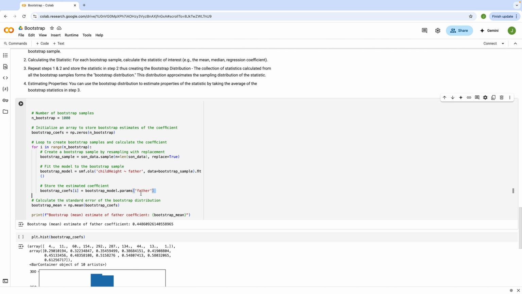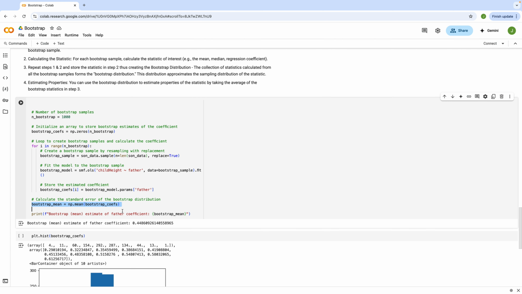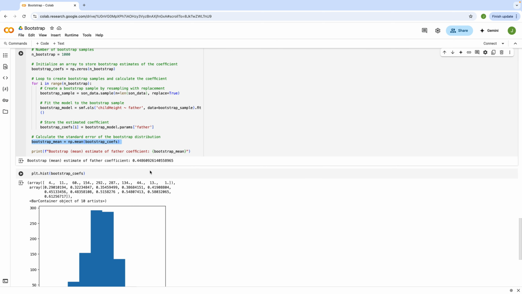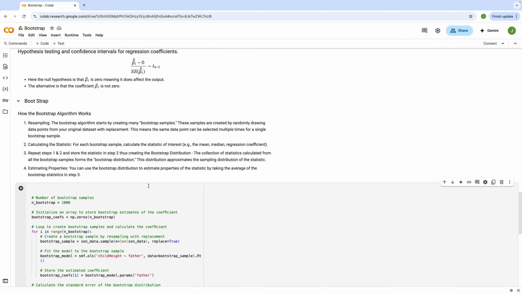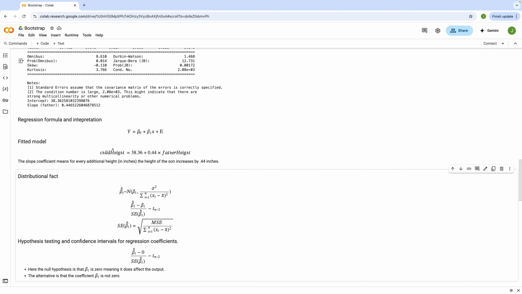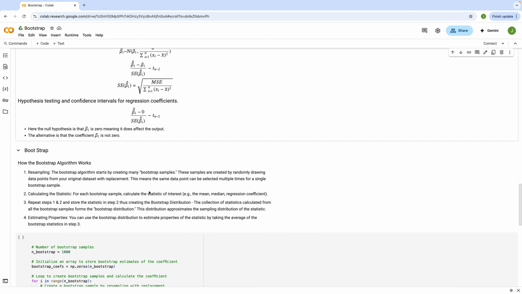And next, I store the coefficient right here. And then I repeat this, because it says for 1 in range for these number of bootstraps. I calculate the mean, that is the estimate of my slope. And once I calculate the estimate of the slope, it happens to be 0.44, which is literally the same number we calculated before. That's very good, considering it's not exactly the same data.